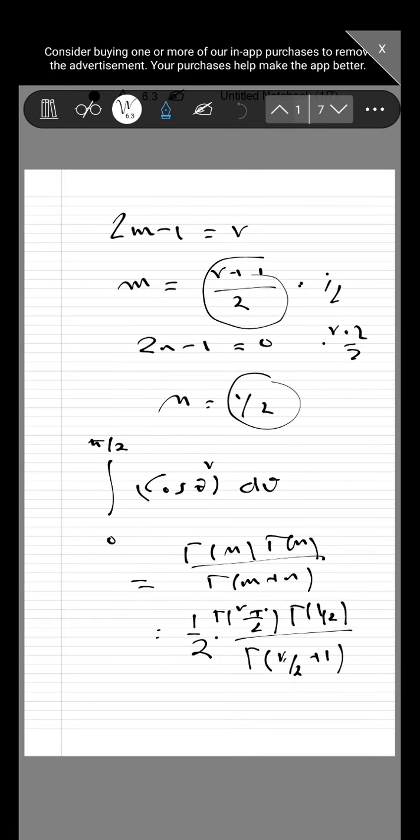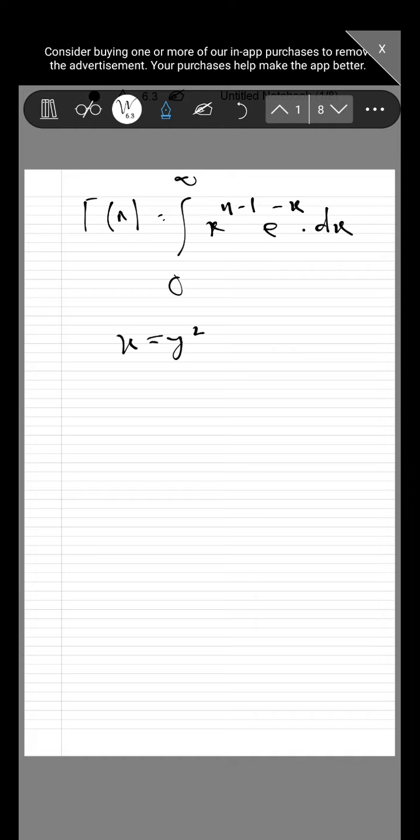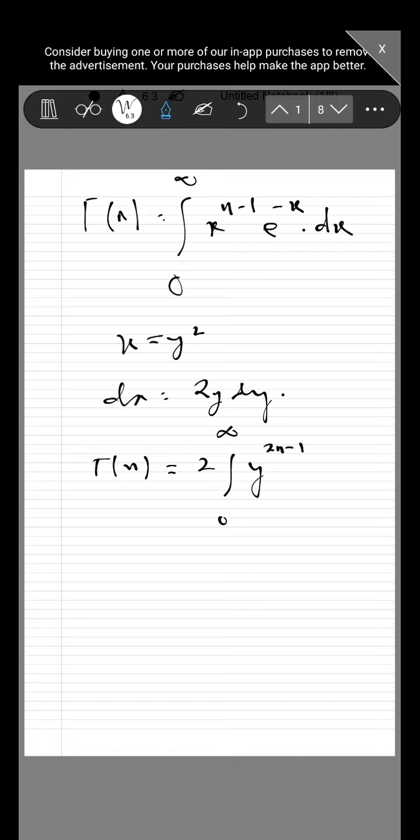Now Γ(n), as we know, is equal to the integral from 0 to infinity of x^(n-1) e^(-x) dx. We put x equal to y², so dx is equal to 2y dy, and we have Γ(n) equal to 2 times the integral from 0 to infinity of y^(2n-1) e^(-y²) dy.